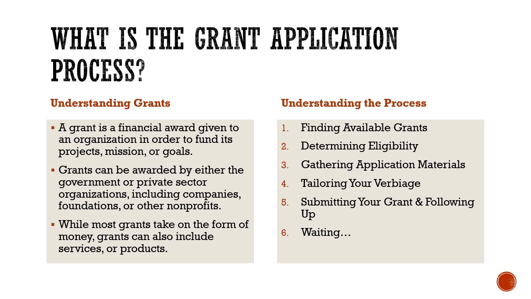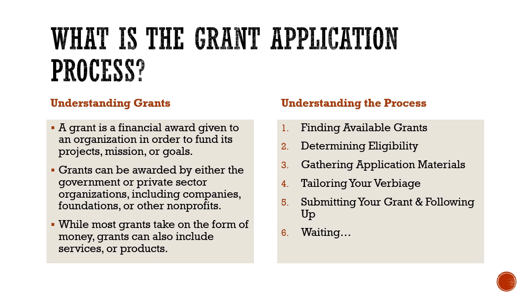So, a little bit about what we're going to go through. We're going to talk about how you can find available grants and then determine whether or not you're eligible for them. Once you've determined you are eligible, we'll cover gathering application materials and then tailoring your verbiage to these grants.